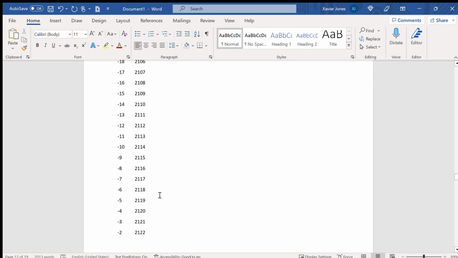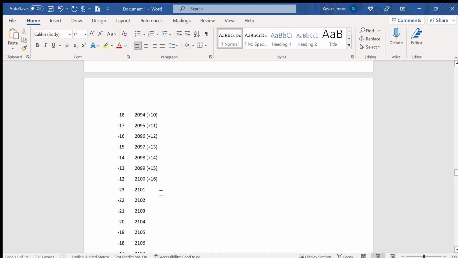Let's look at 2100. This goes from minus 12, so it's either going to be minus 12 or minus 24, neither of which are accurate, because both would imply that this is a leap year and this is not a leap year. So 2100.